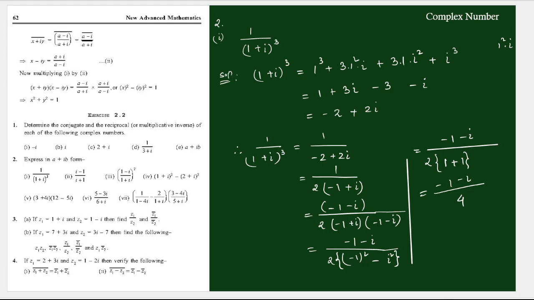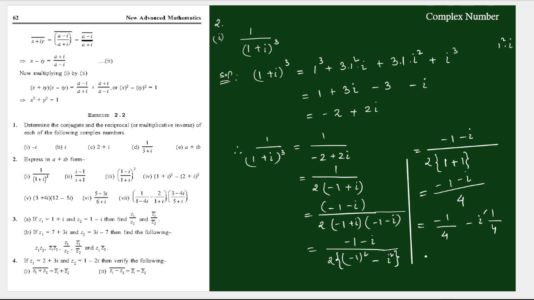So minus 1 minus i over 4. And now we can write in a plus ib form. The real part will be minus 1 by 4. The imaginary part will be minus 1 by 4. Now we need to write in a plus ib form.